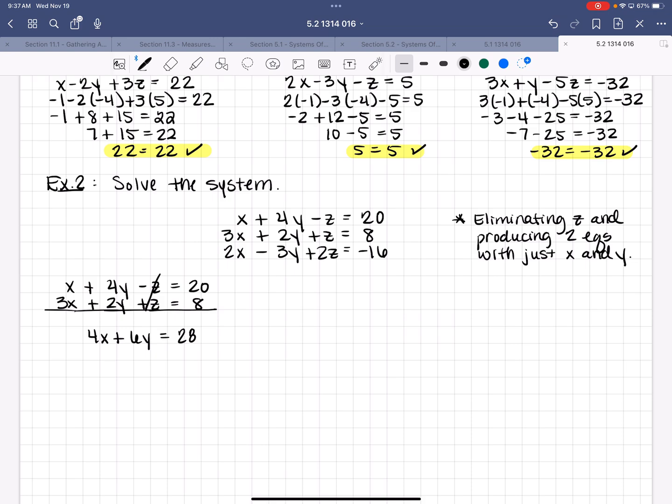Okay, now I've used, and I'm going to highlight him in green, I've used these 2 to make an xy. Now, I've got to go back up to the top, and I got to pick 2 more that I can get rid of z again and make another xy. Who you want to use?